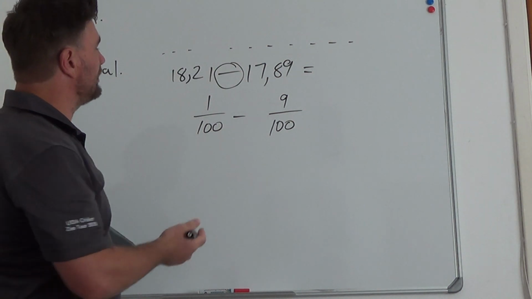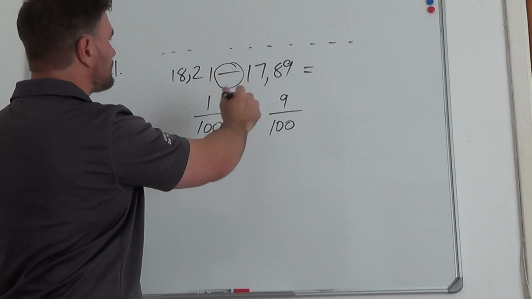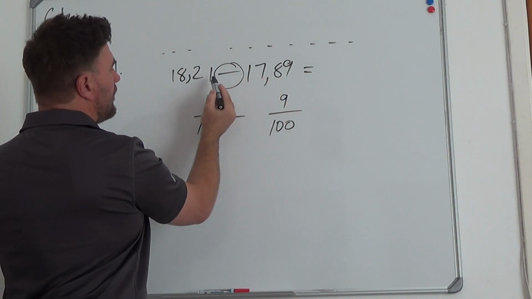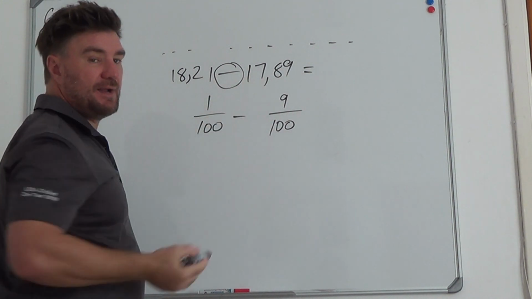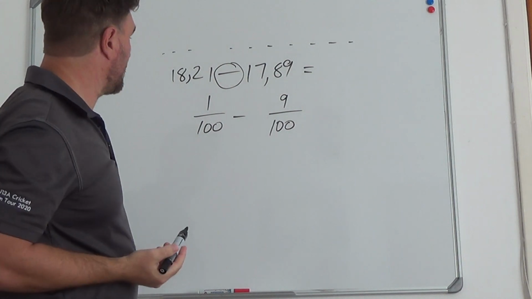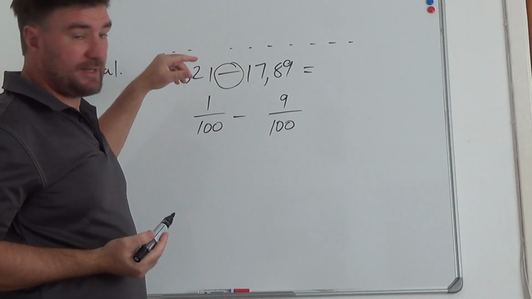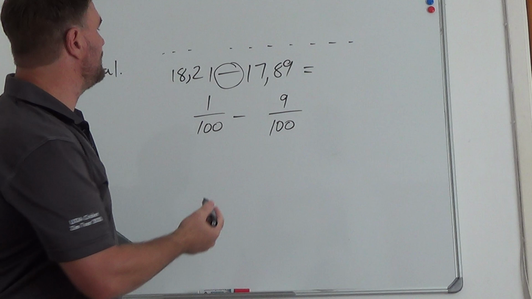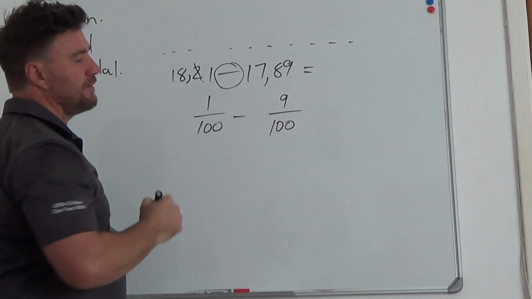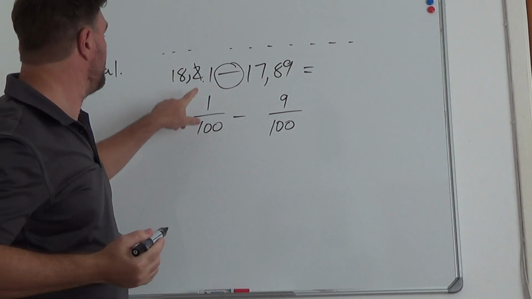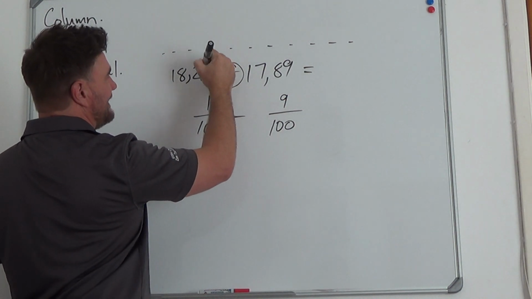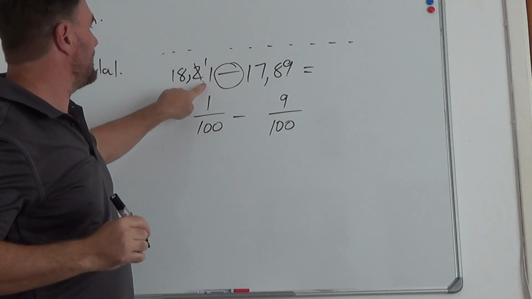Okay, so this looks pretty straightforward. Can we say 1 minus 9? We can't, it'll go into a negative number. So what we've got to do is borrow from our next door neighbor, which is the 2, and take 10, which is going to make that number 11 now.